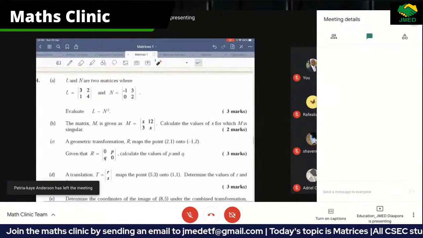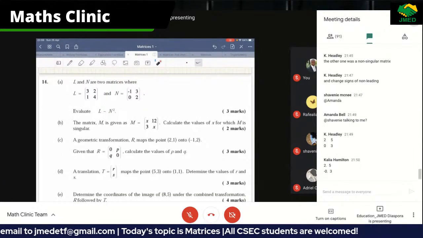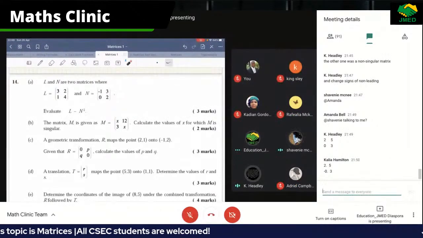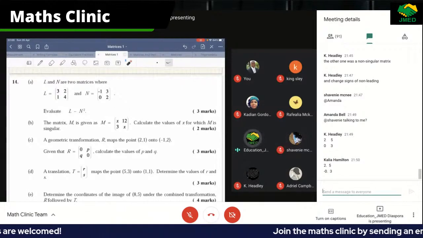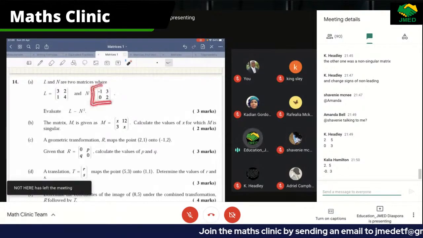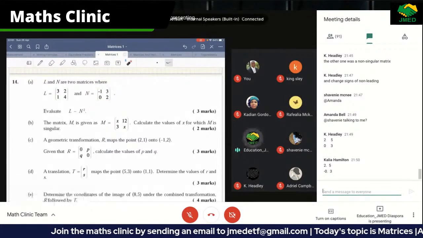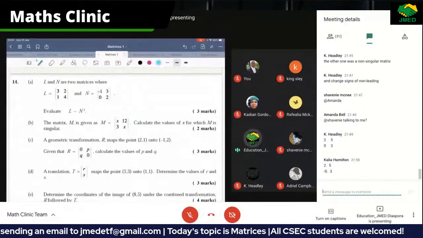Remembering something here. So first of all, N squared. What is N squared asking us to do? N squared is saying N times itself. You multiply N by itself. Yes, N times N. And so the matrix here is a 2 by 2 matrix, negative 1, 3, 0, 2, and you're going to multiply it by itself. So that's finding the product here.